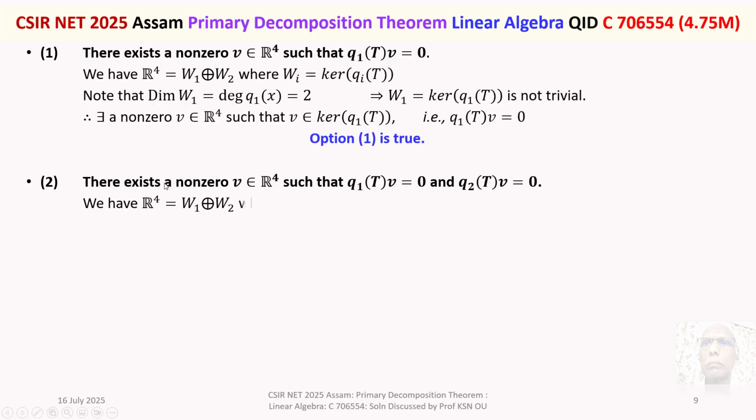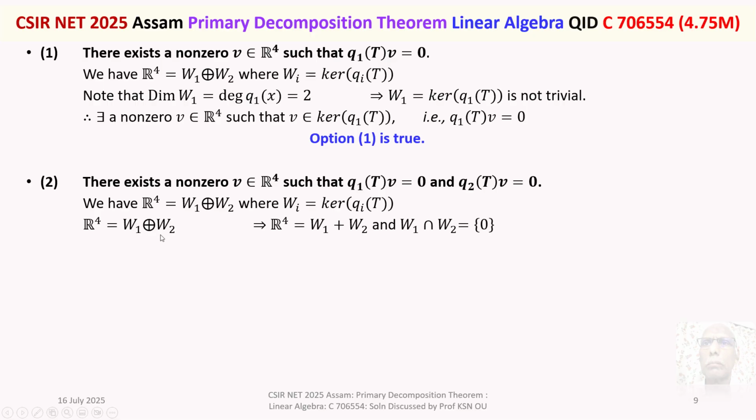We have R to the power of 4 is the direct sum of W1 and W2, where Wi is the kernel of Qi of T. R to the power of 4 is equal to the sum W1 plus W2, and W1 intersection W2 is trivial, that is, the zero vector alone.